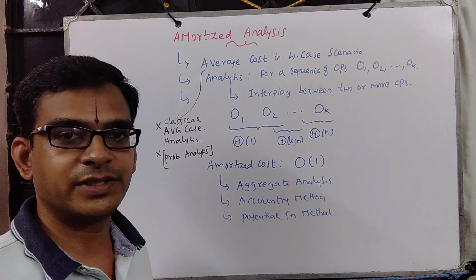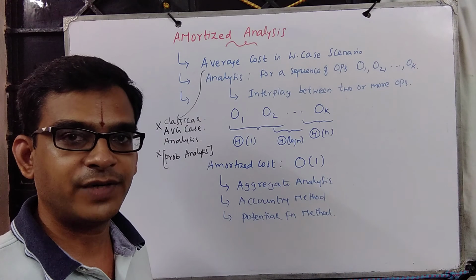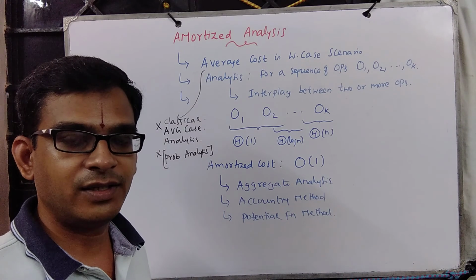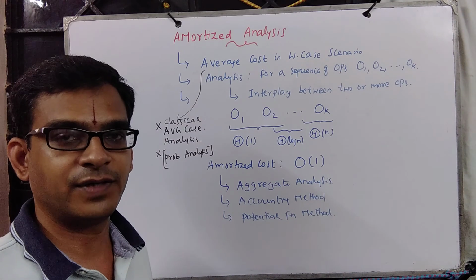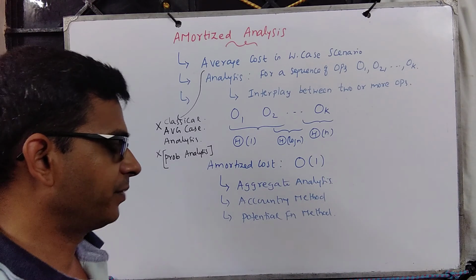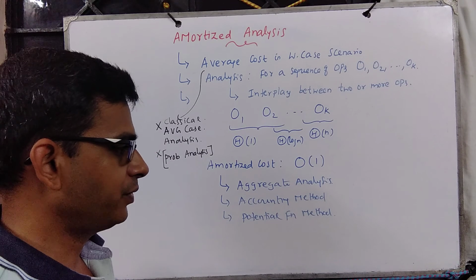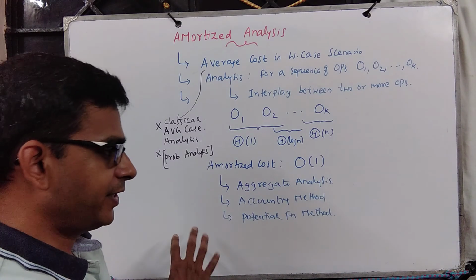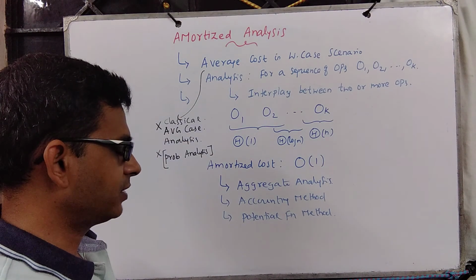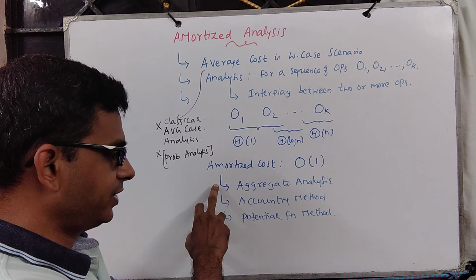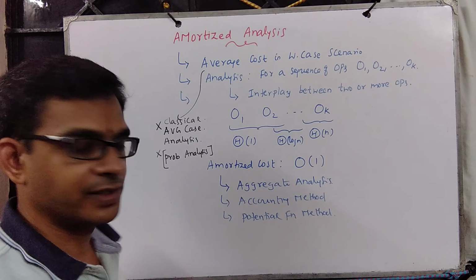And such a sequence is given. Can we do a different analysis? Can we tighten the usual way of analyzing the binomial heap? Which we shall see as part of this module. Now we shall get into standard case studies and let's analyze each of them with respect to these three methods.